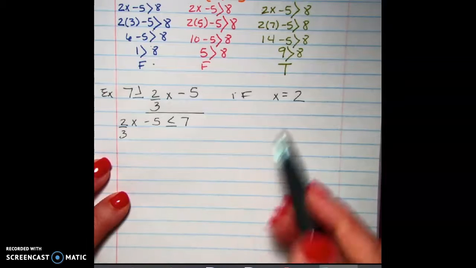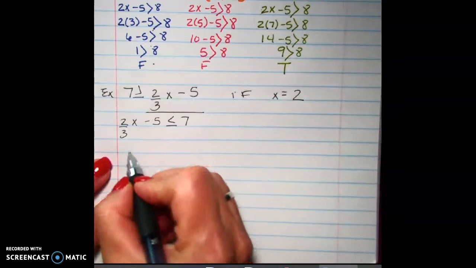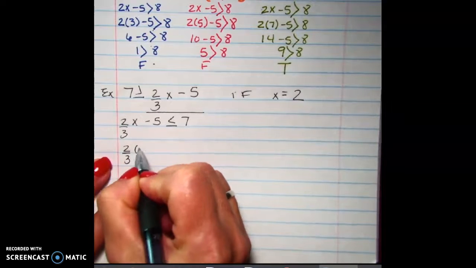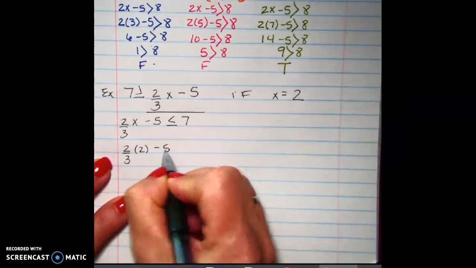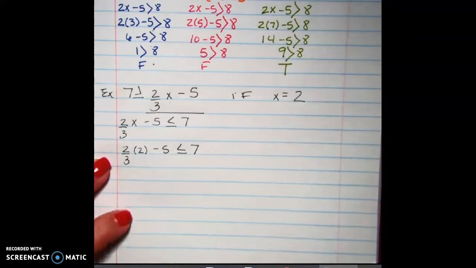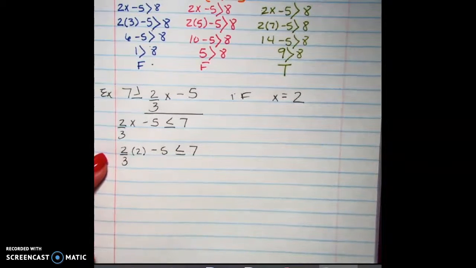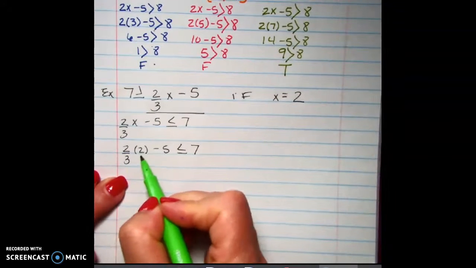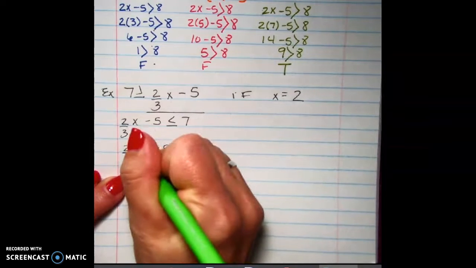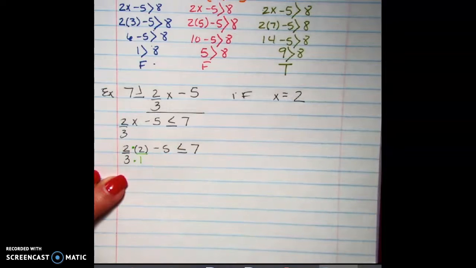Step 2. It says x is 2, so I have to substitute. So I say 2/3 times 2 minus 5 is less than or equal to 7. Now I need to solve. I'm multiplying a fraction by a whole number. Remember, we multiply our numerators, we multiply our denominators.